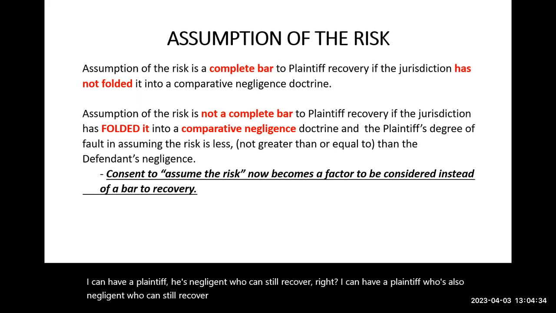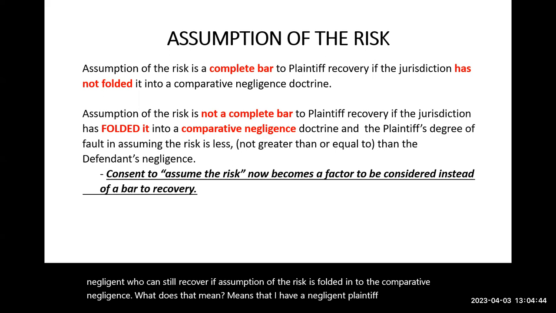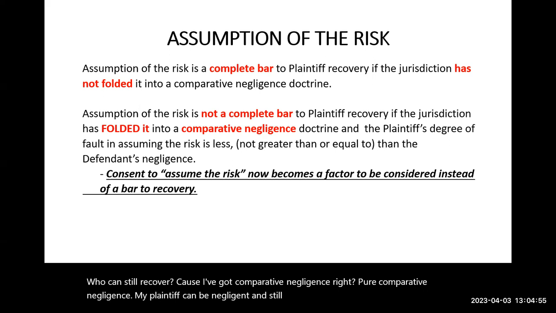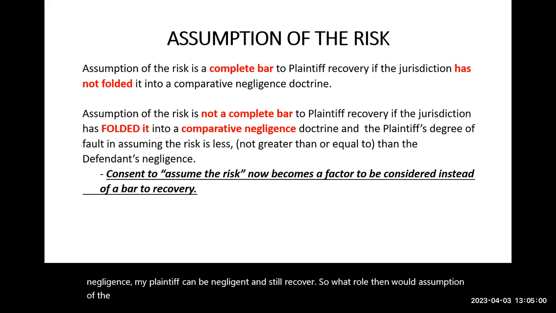If assumption of the risk is folded into comparative negligence, what does that mean? It means that I have a negligent plaintiff who can still recover, because I've got pure comparative negligence. So what role then would assumption of the risk play if it's been folded into the doctrine of comparative negligence?